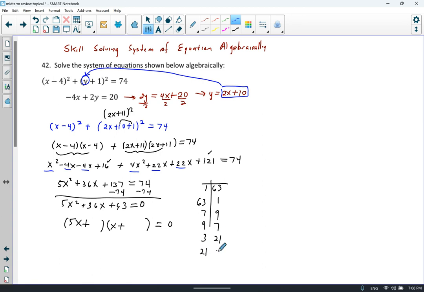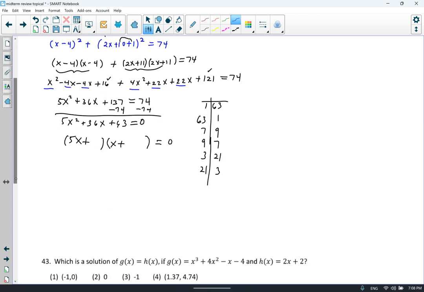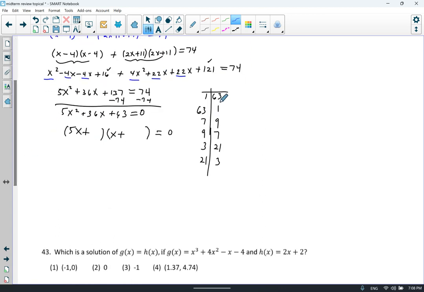And you would test out all possible combinations of that. Most likely 1 and 63 won't work. And it turns out that 21 and 3 work.